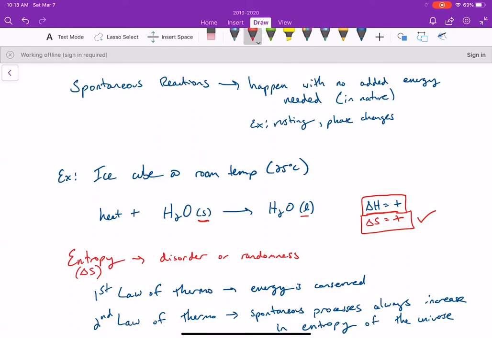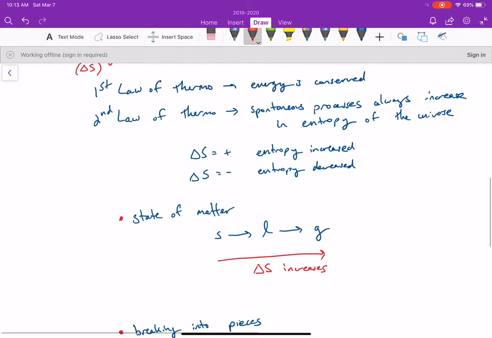Okay, so what we find is when we're talking about spontaneity, you actually have to talk about both variables. You can't just rely on the enthalpy. You have to rely on the entropy as well. And there's an equation that we've come up with to relate these things. Okay?